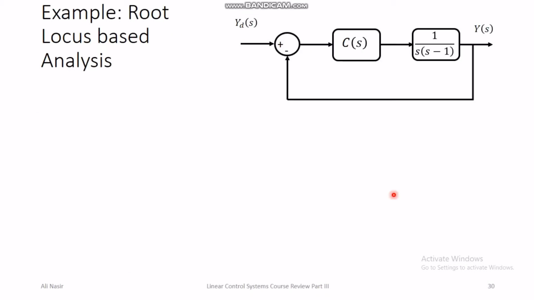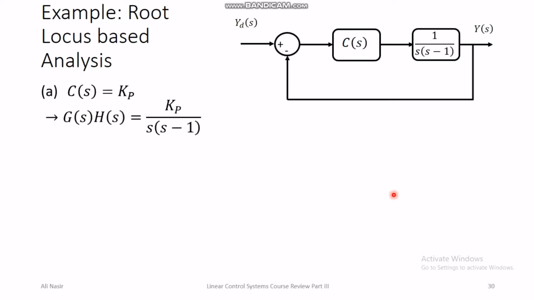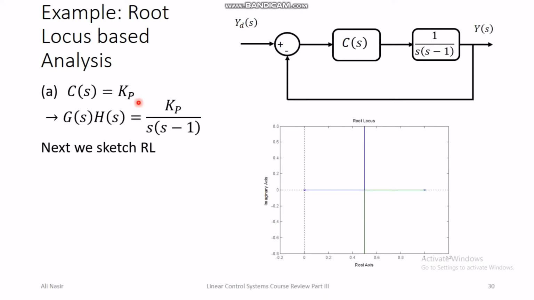Alright, then there is an example of root locus based analysis of a system. For example, if we have a second order system and we are trying to design, let's say, a proportional controller for it, we can sketch the root locus and look at the possible root locus. To make this system asymptotically stable, both of the poles have to come into the left half plane.